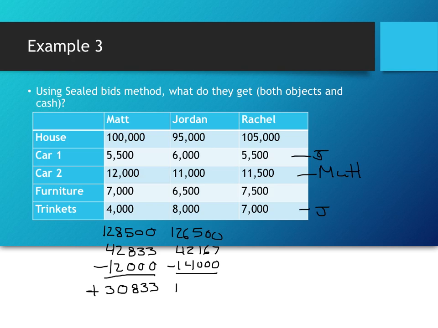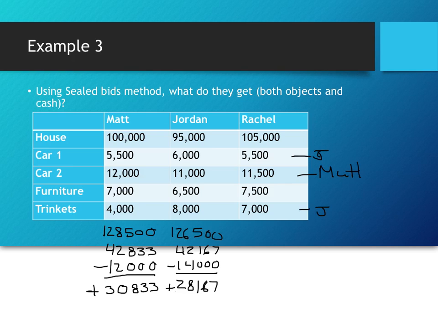So that means he's still owed $28,167. Now I'm rounding everything to the nearest dollar. If you rounded everything to the nearest cent, that's no big deal. But it is a positive number here.